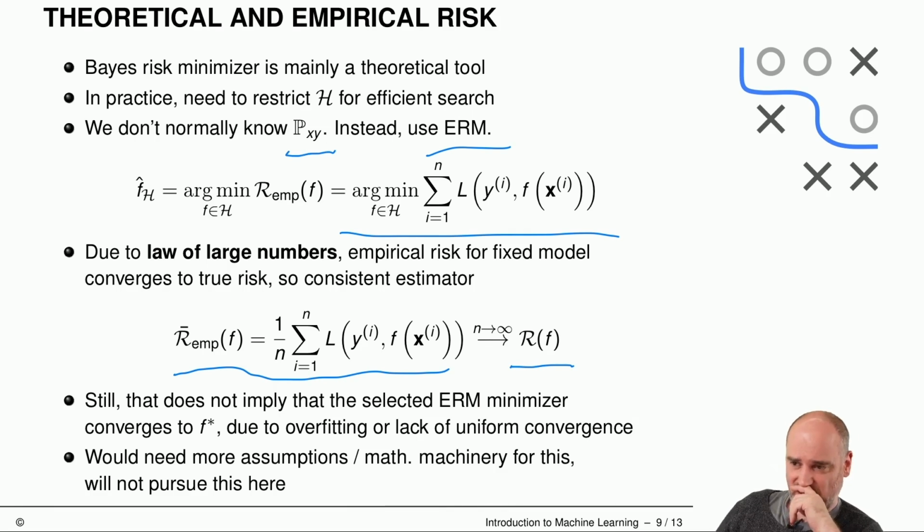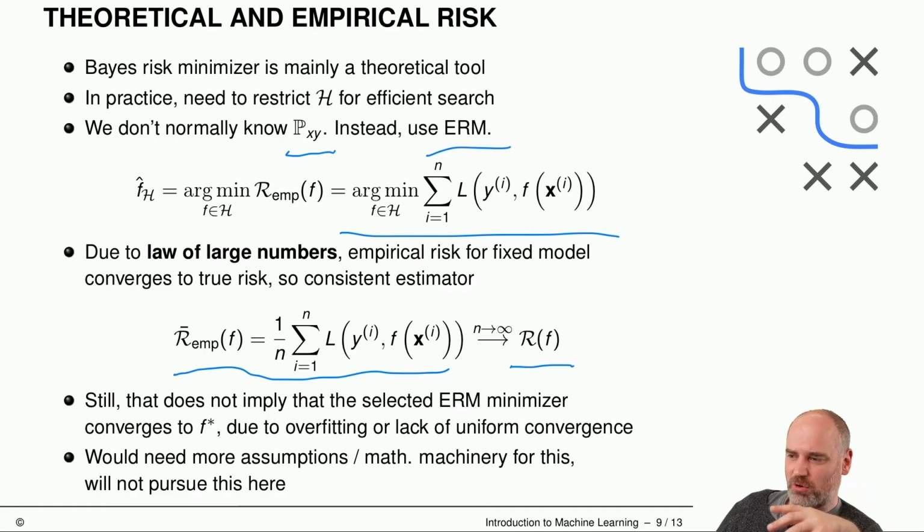It's a consistent estimator, therefore, it converges to our risk if sample size goes to infinity. So this is what we usually call a consistent estimator. That doesn't necessarily imply that the selected ERM minimizer converges to our theoretically optimal population minimizer F star, because there might be overfitting going on, and we need some concepts of uniform convergence.